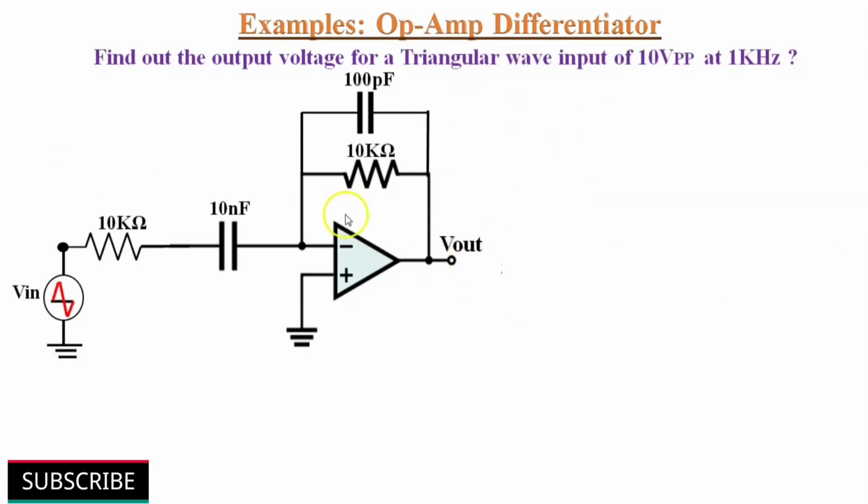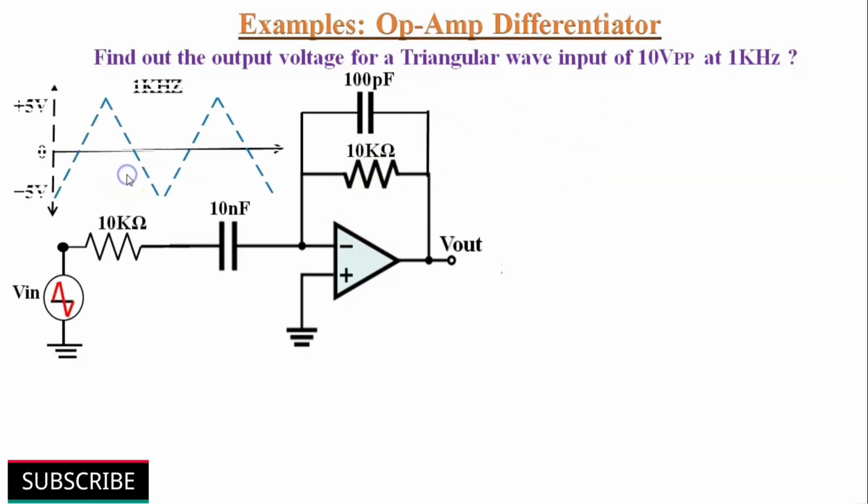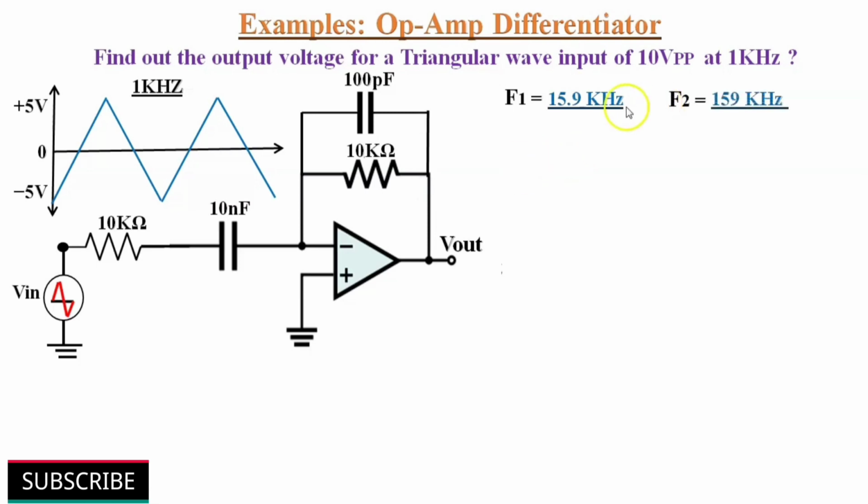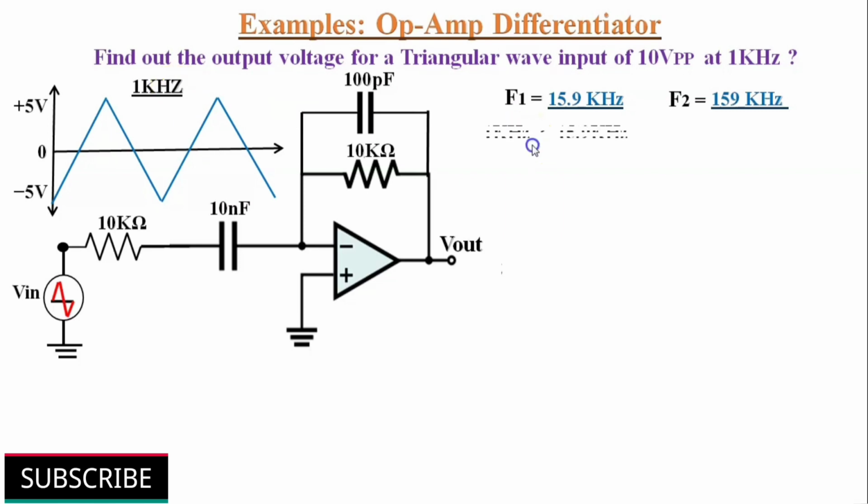Here also the same circuit. Now our input signal is a triangular wave with 10 volt peak to peak and 1 kHz frequency. Because of the same circuit, our cutoff frequencies are also the same. Here the input signal frequency of 1 kHz is much lower than cutoff frequency F1. So we can ensure proper differentiation of the input signal.